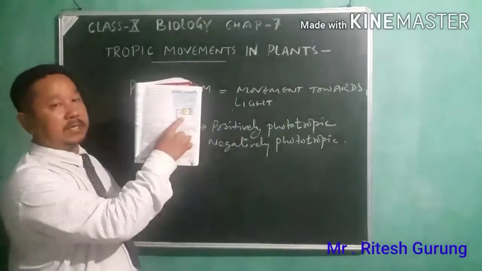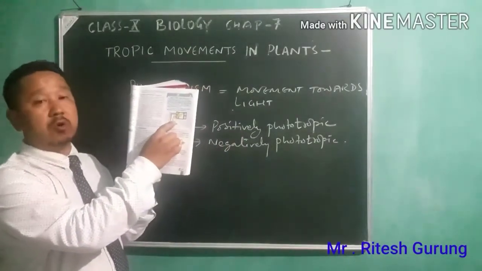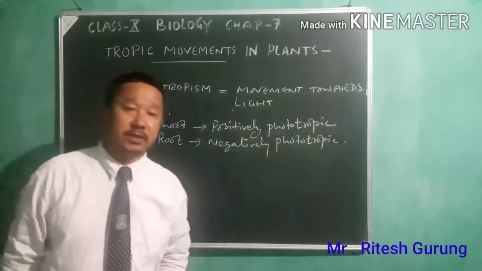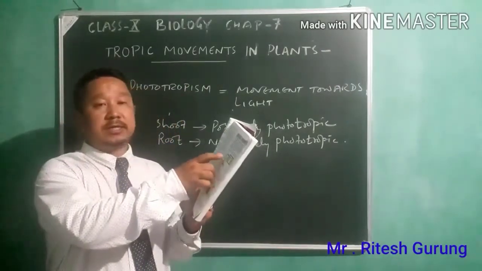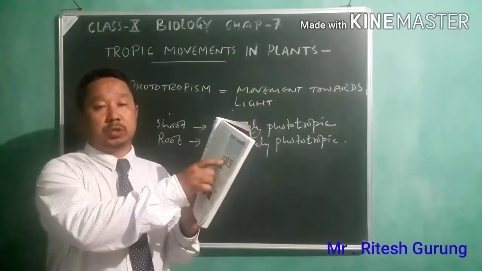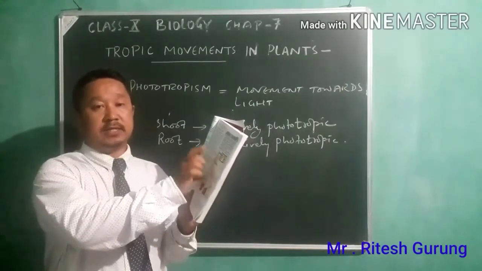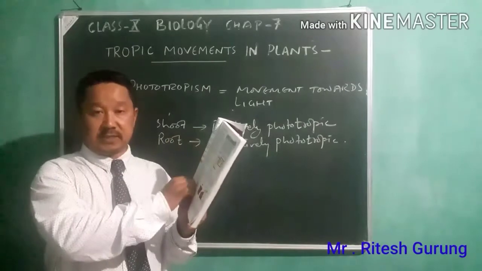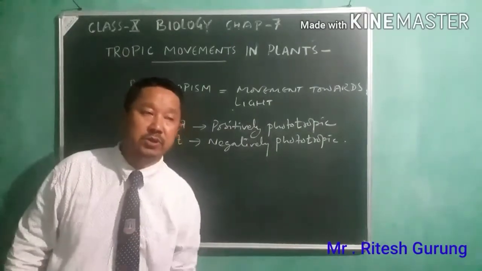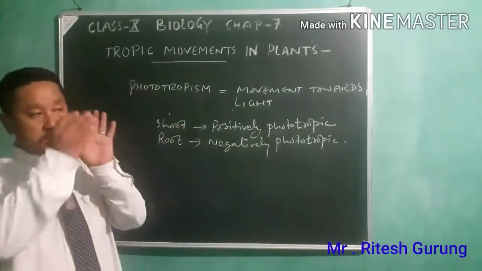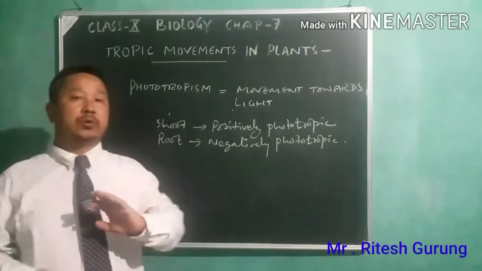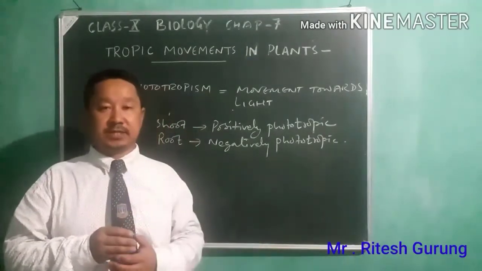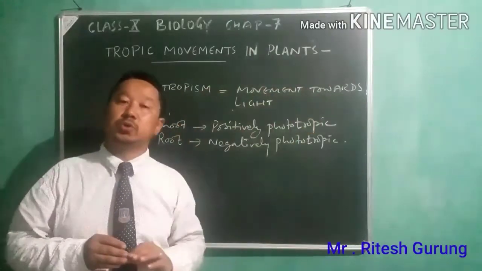You can carry out this experiment at your home also. Keep a potted plant in a dark room and mark the direction of the shoot of the potted plant in the beginning, where it is facing. Then after a week, you go there and you find the shoot system of that potted plant changing its direction, turning towards the source of light.